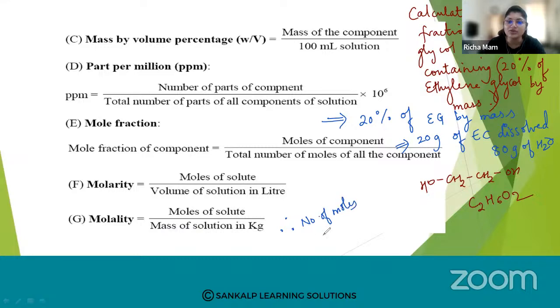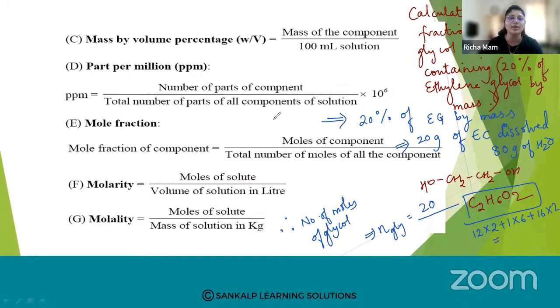So how do we calculate the number of moles of glycol? It will be 20 divided by the molecular mass. Find the molecular mass. Carbon is 12, so 12 into 2, plus each hydrogen is 1, so 1 into 6, plus each oxygen is 16, so 16 into 2.